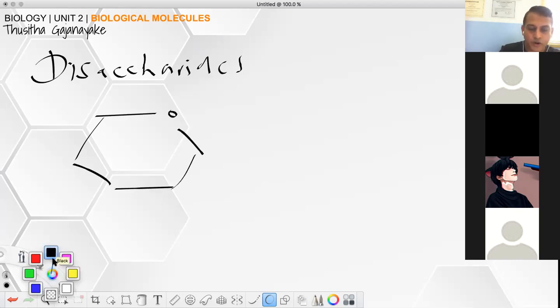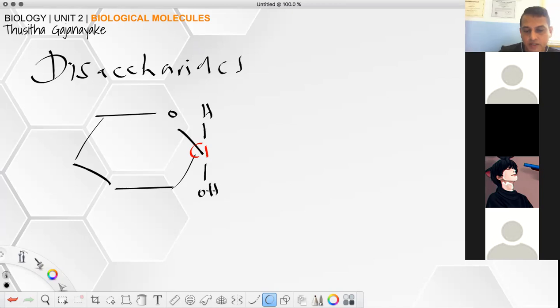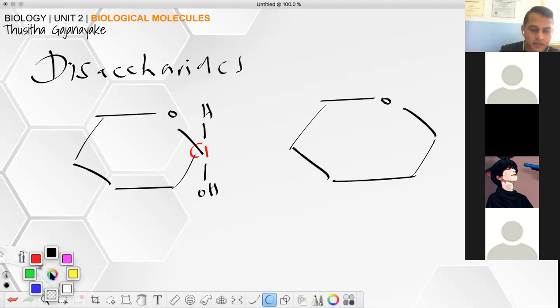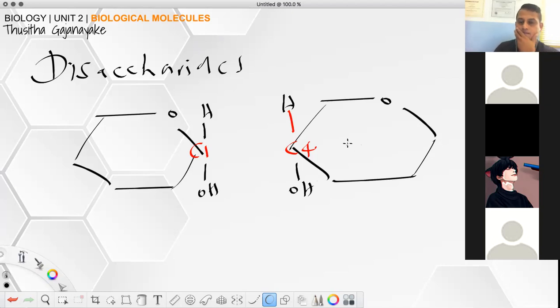I will not draw everything, but this is the first carbon, carbon number 1, and carbon number 1 has H and OH. And if there's another carbon that comes to this place, this carbon is 4 here. This is the second glucose molecule.